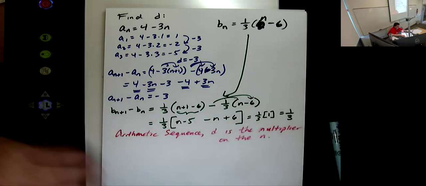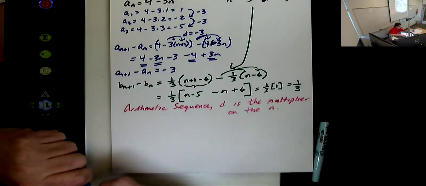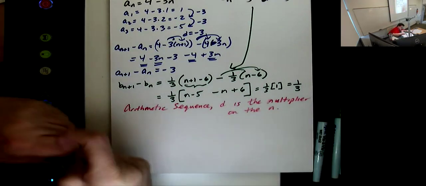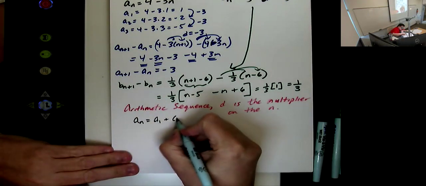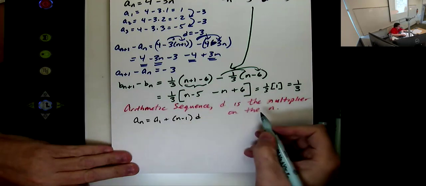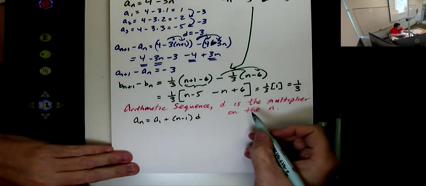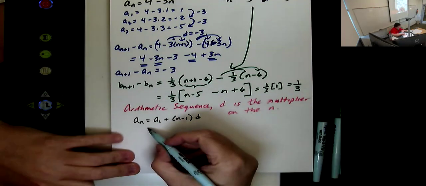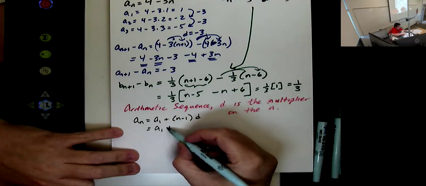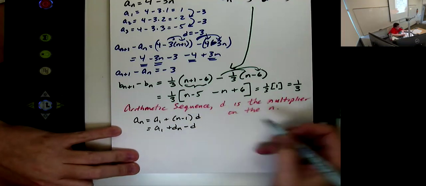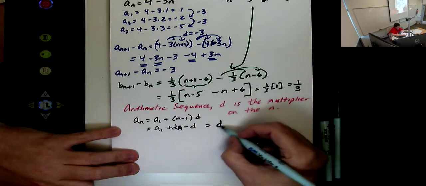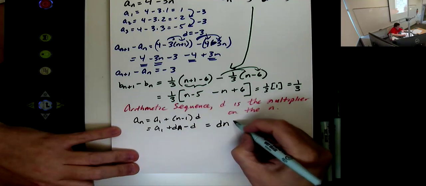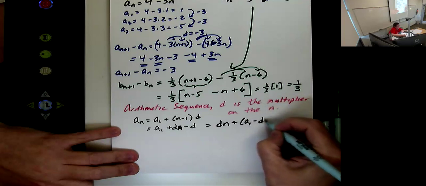And we saw that from our formula. Our formula was a sub n equals a sub 1 plus n minus 1 times d. Like if I distributed that, so I've got d times n plus this is my new constant here.